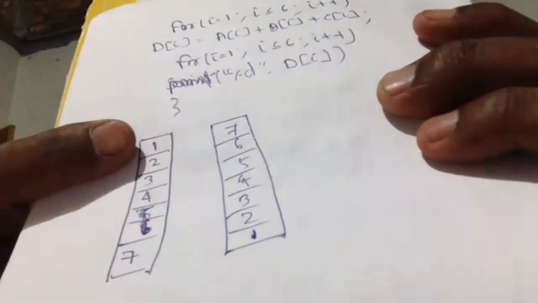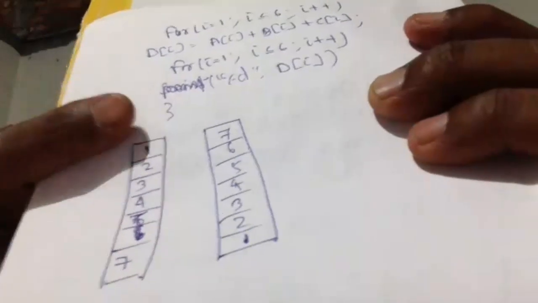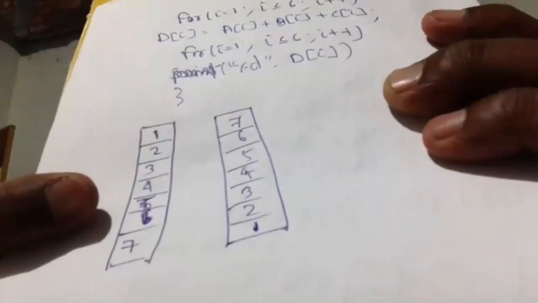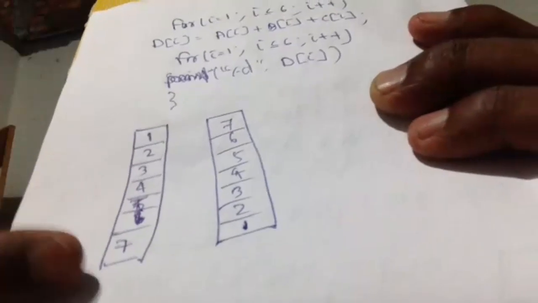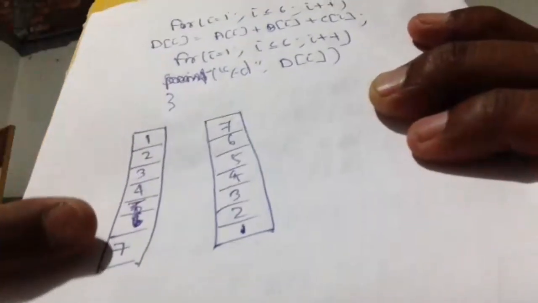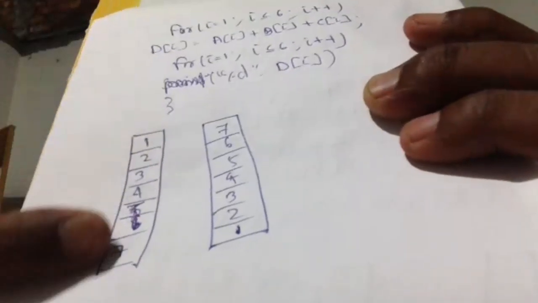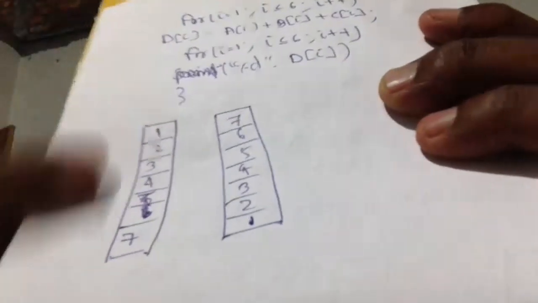By default, if this is array A, the first location is A1, then A2, A3, A4, A5, A6. Now what to do? You have to display the values. As I have already mentioned, in an array your data is manipulated with the help of addresses. So let me give the addresses first.